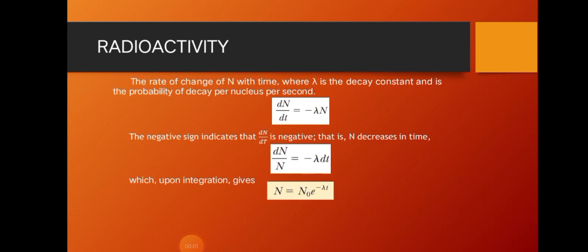So if N is the number of undecayed radioactive nuclei present at some instant, the rate of change of N with time is dN over dt is equal to negative lambda N, where lambda is also called the decay constant and is the probability of decay per nucleus per second.